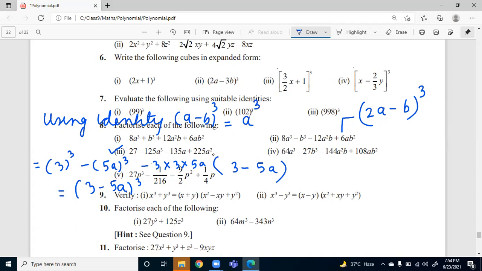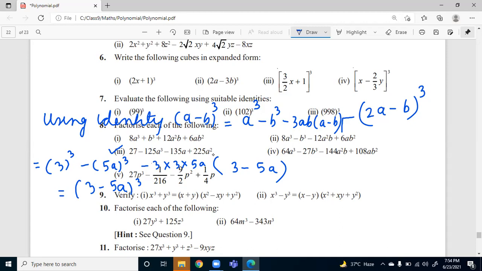It is a cube minus b cube minus 3ab into a minus b. Understood? So let's proceed to the fourth part.